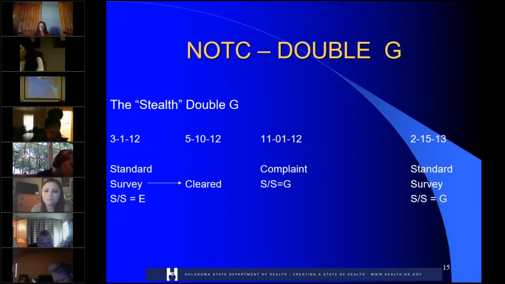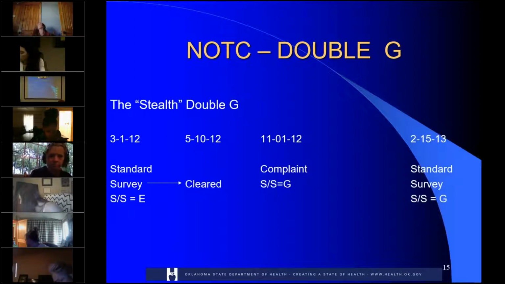Those complaints can sneak up on you because you're looking back to the last standard survey. And this one, in this case, hasn't even been corrected from November. And then we're back out there with another citation at a level G.